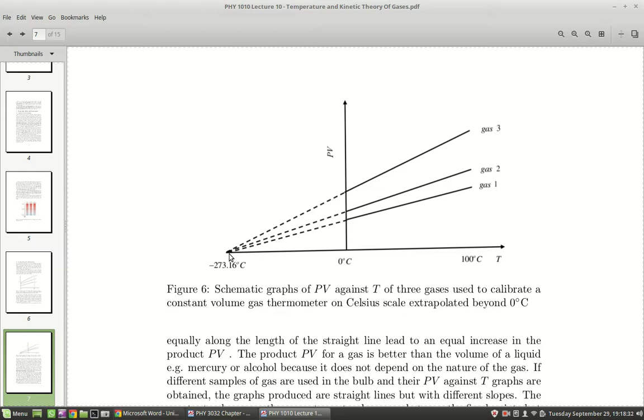Then you join these lines for the first gas, for the second gas, for the third gas. You join those lines, then you extend the lines backwards. These lines are going to meet at that particular point, independent of what kind of gas you have used. So it appears as if there is a point where all gases agree.